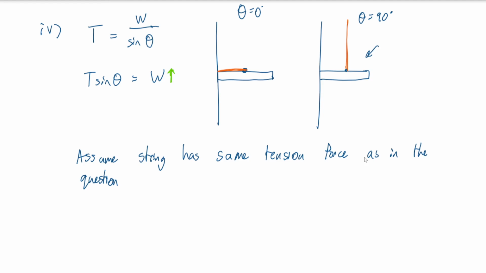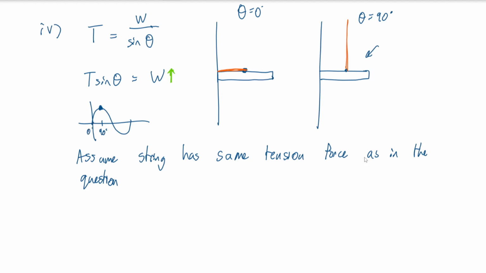We want to increase the left-hand side, but we can't change the maximum tension of the string because it's the same string. But what we can change is the angle, and we know that sine, or the graph of sine theta, looks like this, and it has a maximum when theta is 90 degrees and a minimum when it's 0 degrees or 180.